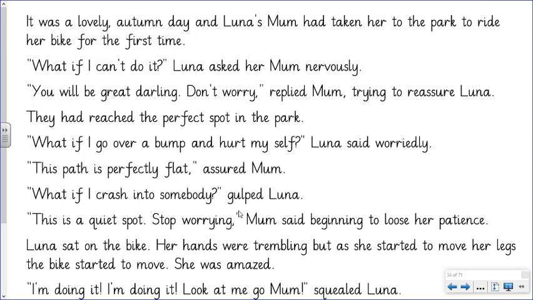They had reached the perfect spot in the park. "What if I go over a bump and hurt myself?" Luna said worriedly. "This path is perfectly flat," assured Mum. "What if I crash into somebody?" gulped Luna. "This is a quiet spot. Stop worrying," Mum said, beginning to lose her patience.